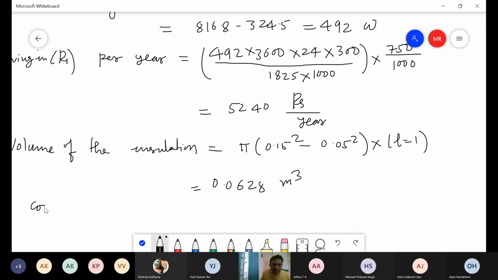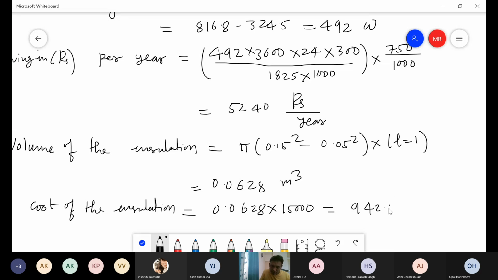The cost of the insulation is this volume multiplied by the cost factor, that is 15000, isn't it? So this comes out to be 942.5 rupees.